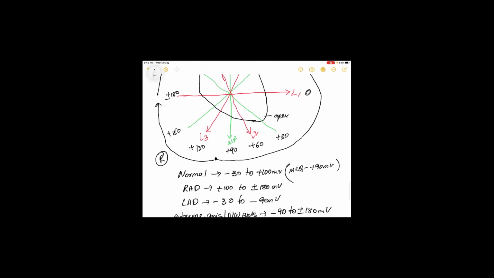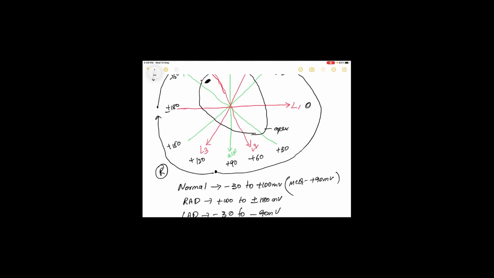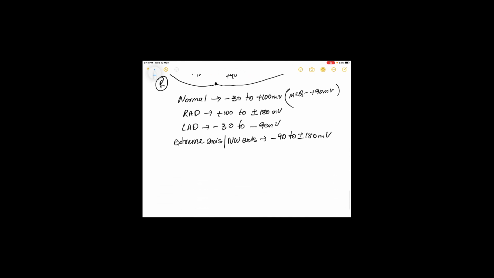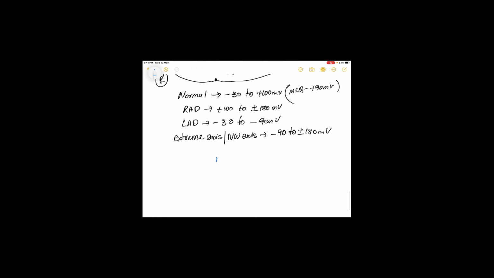For example, if we take lead 1, the perpendicular lead to lead 1 would be AVF. So lead 1 and AVF will be a pair to interpret the cardiac vector.